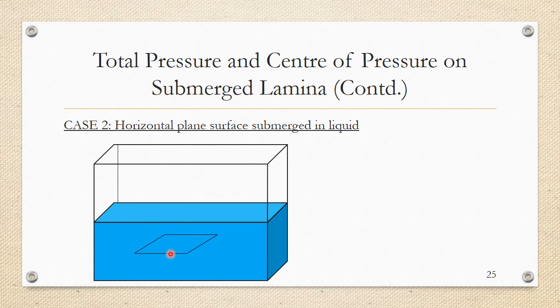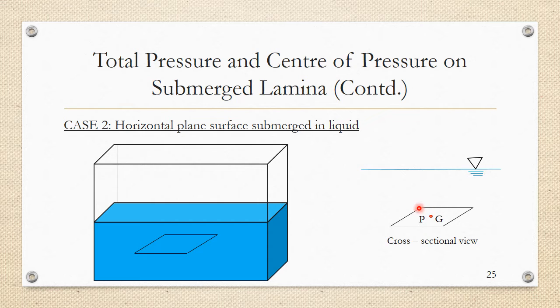Now, if we look at the cross-sectional view of this horizontal plane surface submerged in fluid, just by visual inspection, we can understand that each and every point on this plate is equidistant from the free surface, as they are lying in a horizontal plane below the water surface.